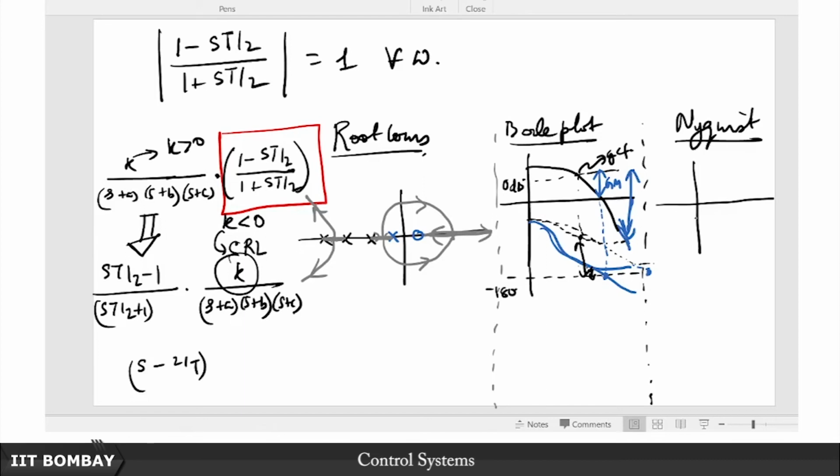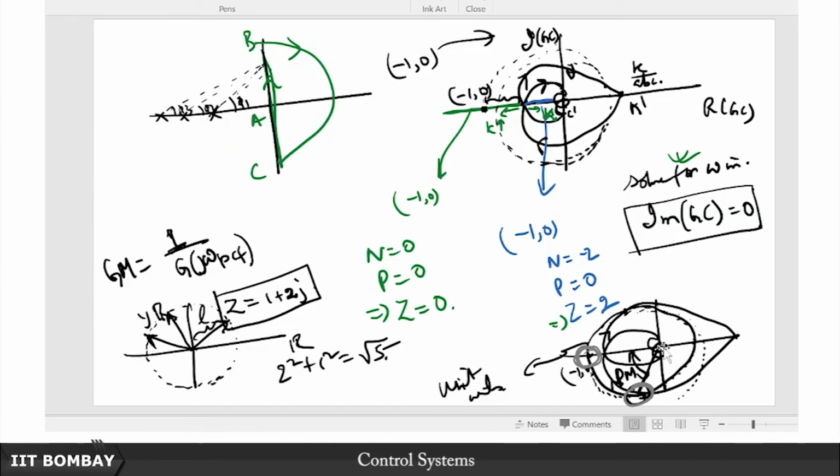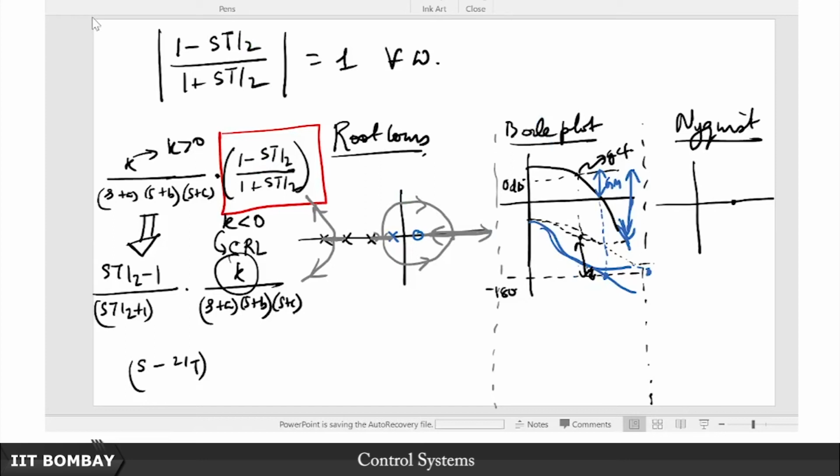If you do that, then at s equal to 0 this is again going to be K by ABC, so it is going to start somewhere over here like this. But earlier, if you notice this Nyquist diagram, it was coming up to here at plus 270, but now it will suffer an additional rotation of another 180 degrees.